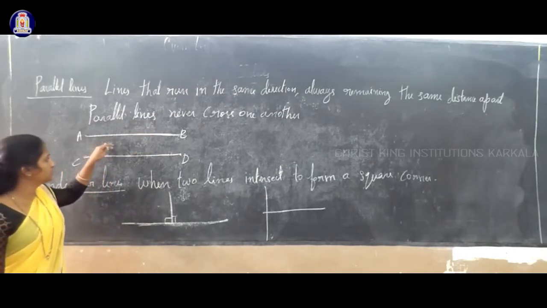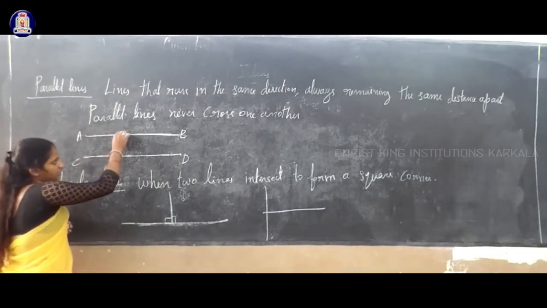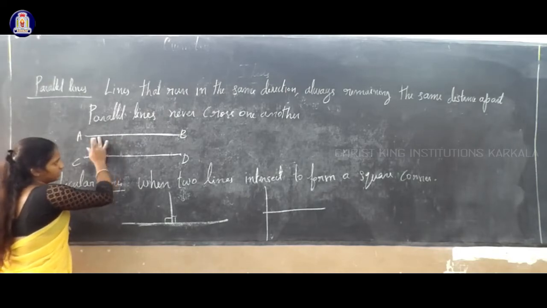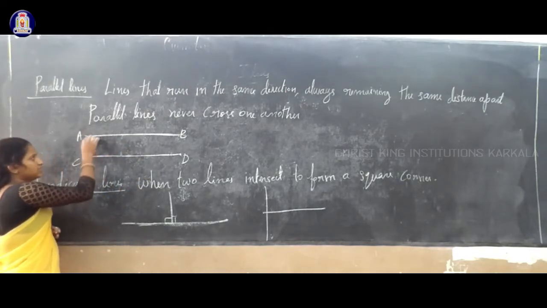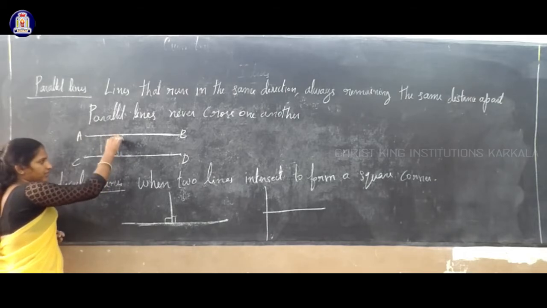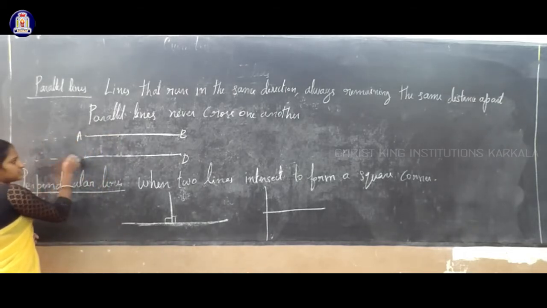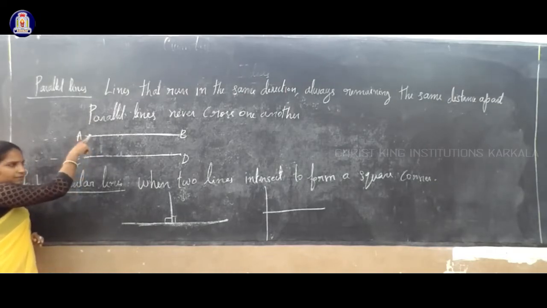Here AB is a line segment and another line segment is CD. The distance between AB and CD, even if you extend the lines, remains the same. That is a parallel line.